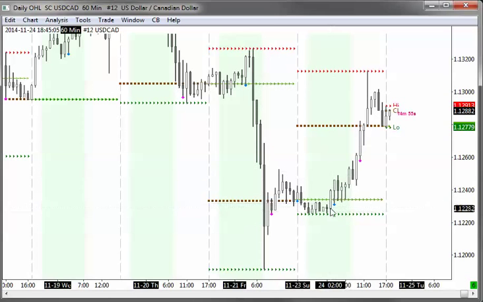So in the most recent day here, we can see that once 3 o'clock in the morning happened and we moved up, 2 o'clock we moved up, 3 o'clock we went higher up, and we broke on the other side of the open, then we start to see that potentially we're looking at a change.